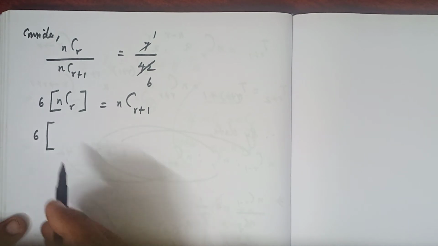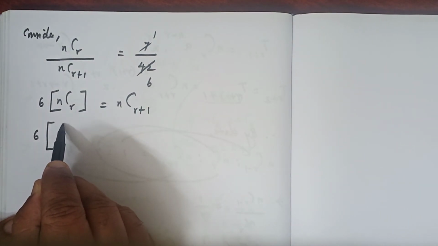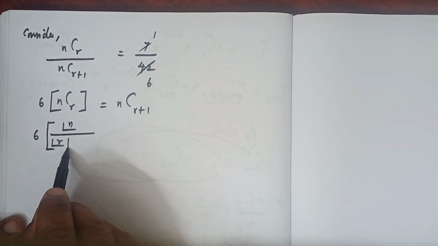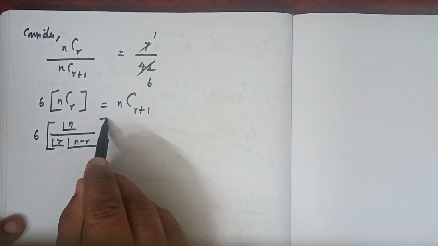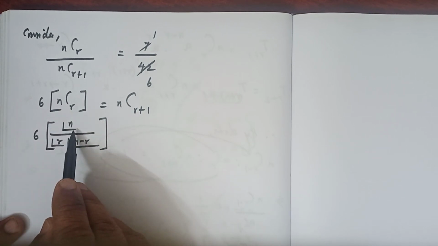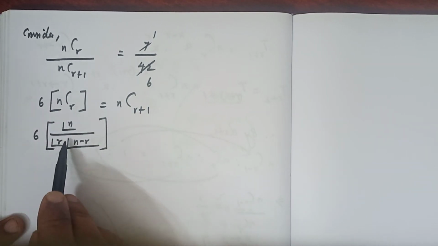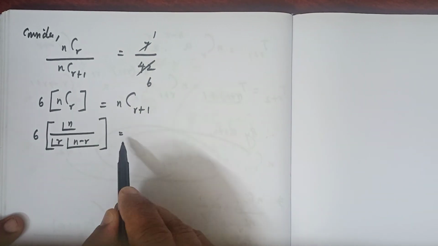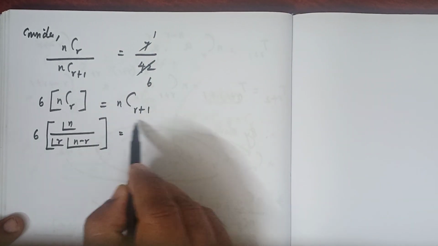6 into nCr formula, factorial n divided by factorial r into factorial n minus r. So prefix divided by suffix factorial into prefix minus suffix factorial. Same thing to be followed here. This is prefix, this one is suffix.